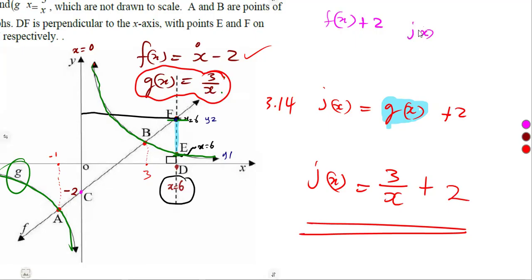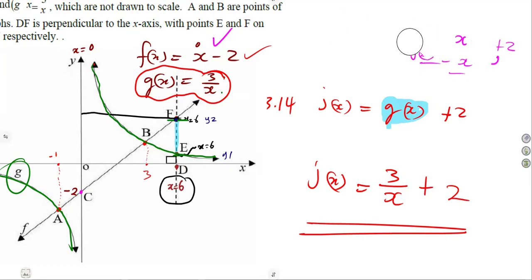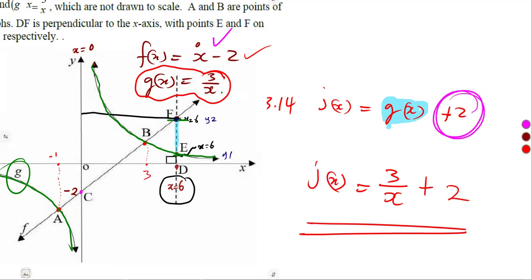It was going to be given as Jx is equal to, in place of f of x, you take your f of x as it is, x minus 2. But what are you supposed to do at the end? You must add a 2. So it was going to give you x minus 2 plus 2, that's a 0. So it means your Jx was going to be x. I'm just saying if, let's say, they wanted you to work it from f of x. So that's how you answer this question. You just add whatever you're given. If it is a minus 2, you subtract that.